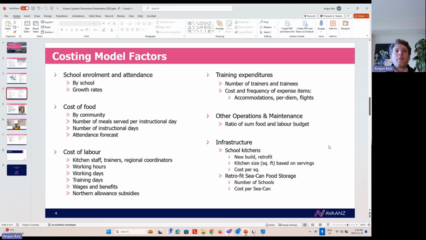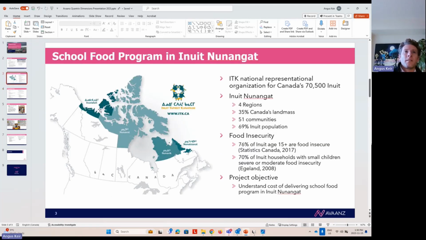For the assumptions, assumptions are an absolute key for what we're doing. Where we can't find actual data from the environment itself that we're looking at, then we go off proxy data. If I can't find the data for Inuit Nunangat, for an Inuit Settlement region, for instance, the data for long-term care for Nunavik, a lot of it didn't exist.